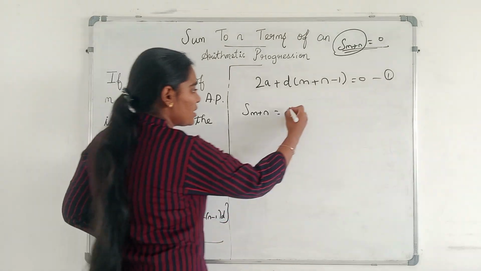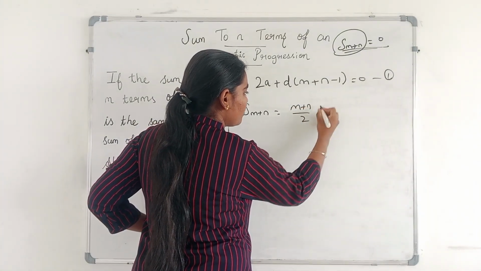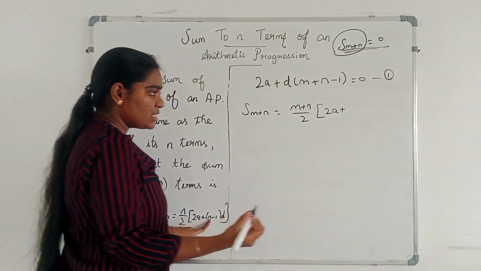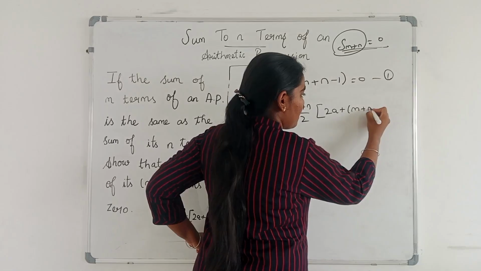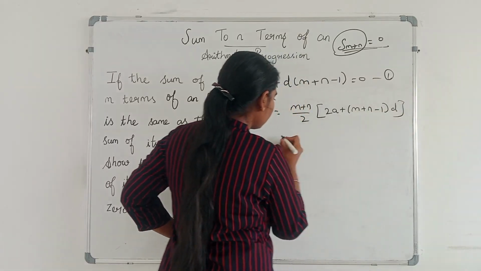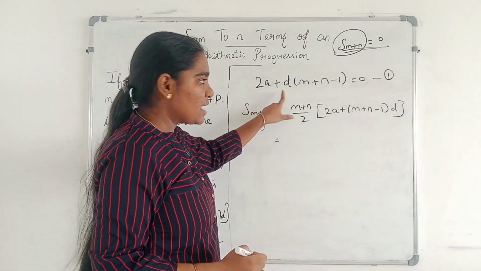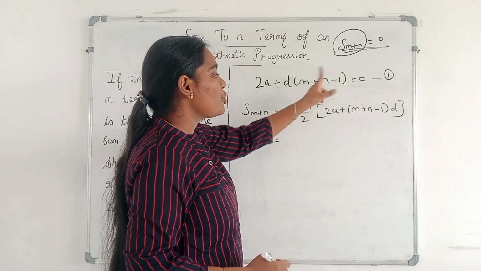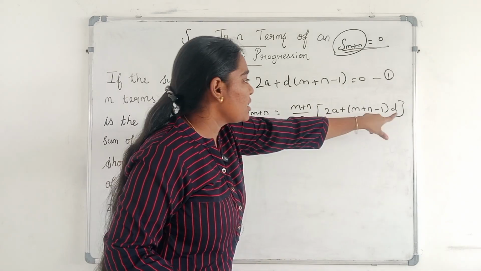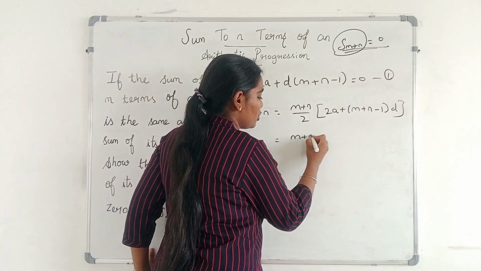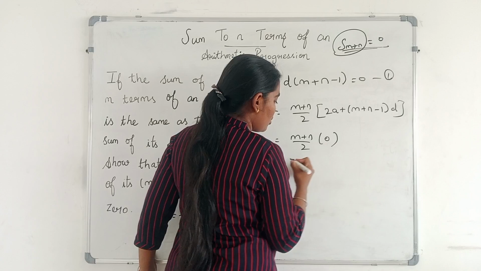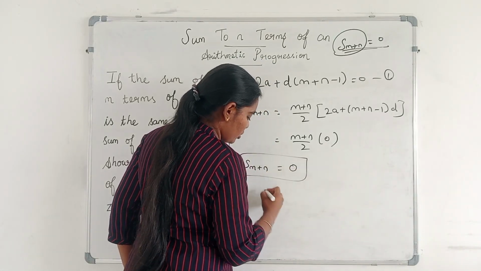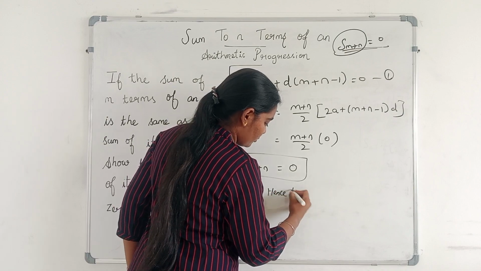So, n means here m plus n, so it is m plus n by 2 into 2a plus m plus n minus 1 into d. We know that 2a plus d into m plus n minus 1 equals 0. So, you can substitute by equation 1, and this value becomes 0. So, into 0 equals 0. So, the summation of m plus n equals 0, hence the proof.